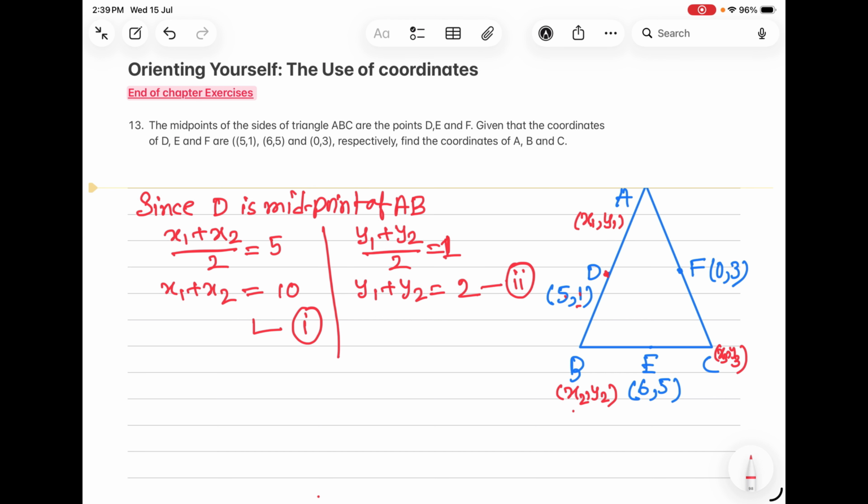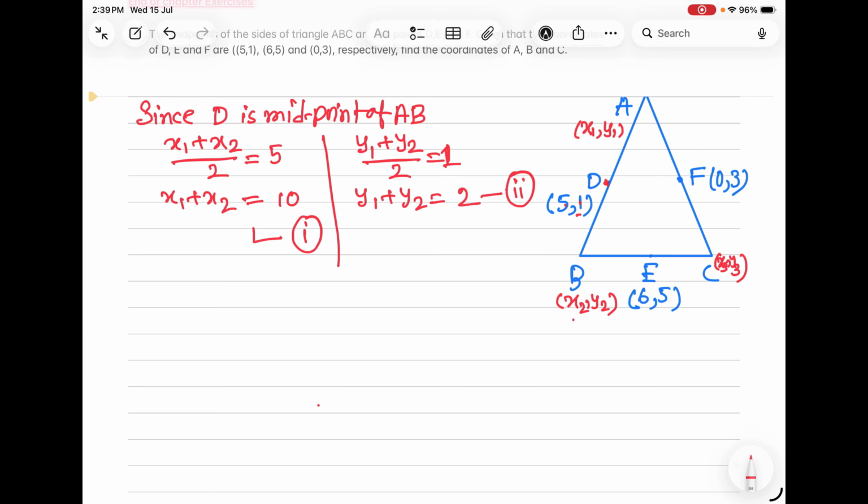Since E is the midpoint of BC, we can write 6 equals x2 plus x3 by 2. Similarly, 5 equals y2 plus y3 by 2.